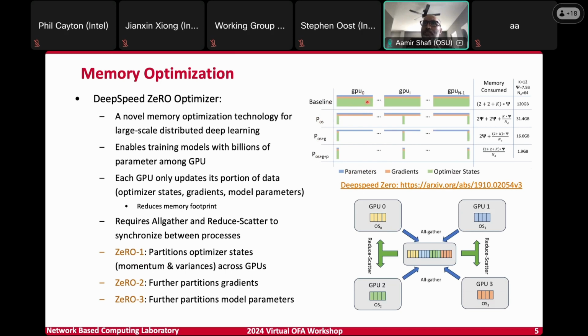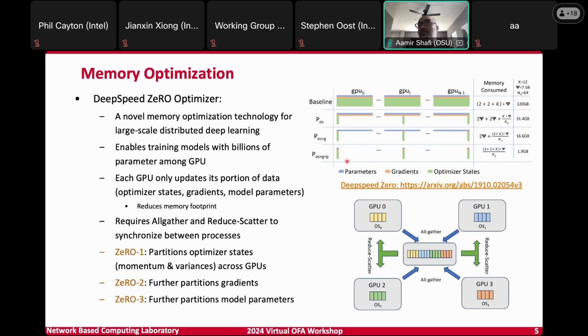In 0.1, this optimizer state, the green bit, is also sharded across the GPUs or the devices. And then 0.2 takes this one step further. It shards gradients as well, and then 0.3 further partitions the model parameters that are stored in the case of data parallelism.